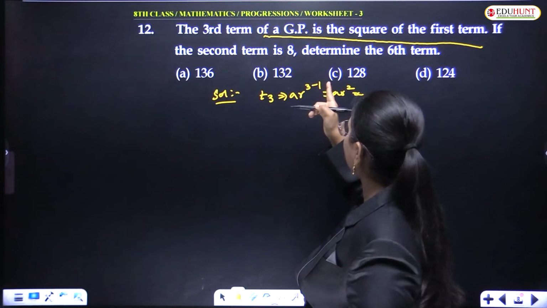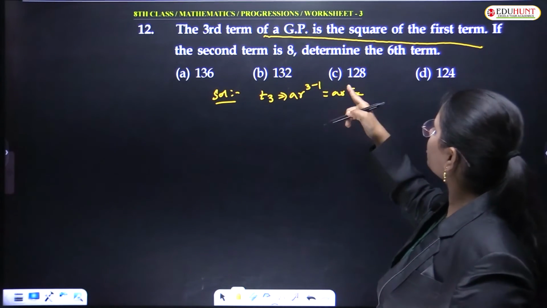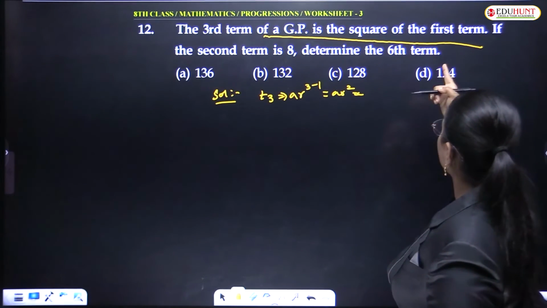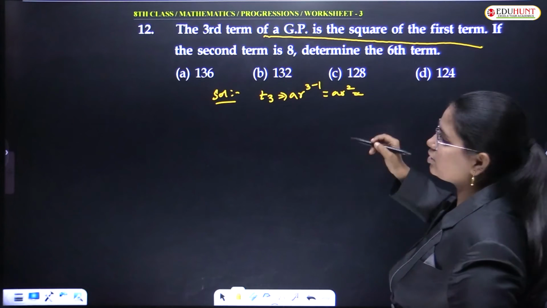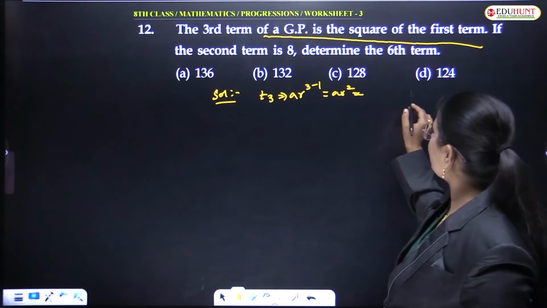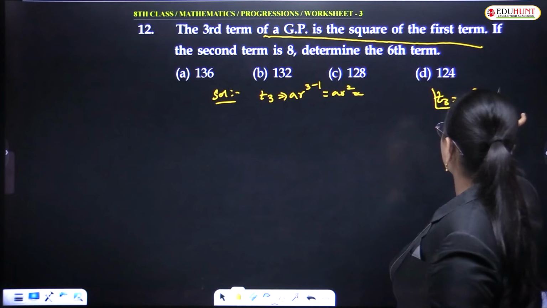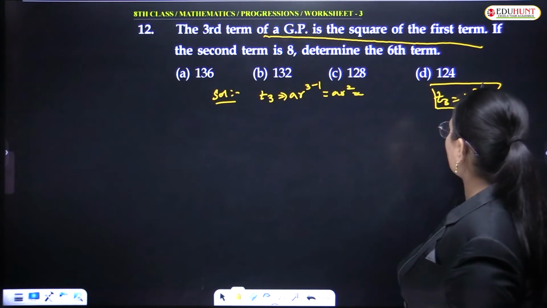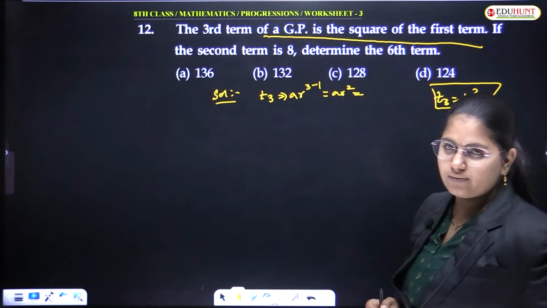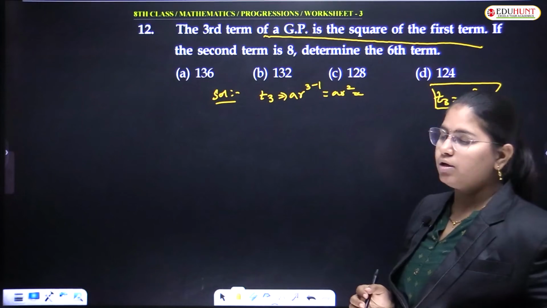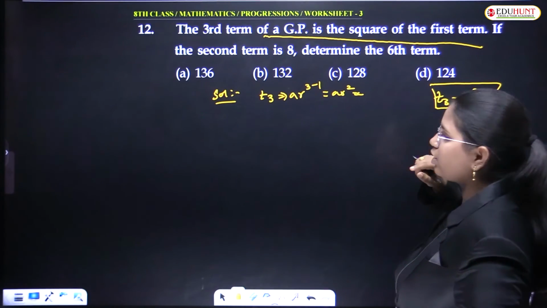They gave that the third term of the GP is equal to the square of the first term. So T3 is equal to T1 square. This is what they gave you in the question. Am I correct?